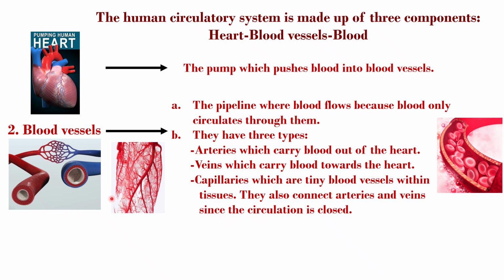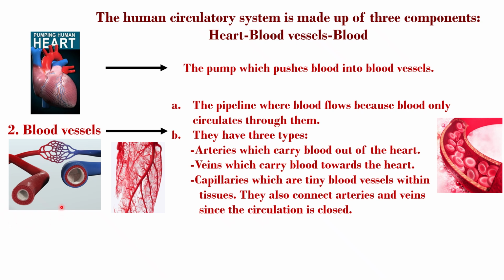They have three types: arteries, which carry the blood out of the heart; veins, which carry the blood towards the heart; and capillaries. Capillaries are tiny blood vessels within tissues. They also connect the arteries with the veins. That's why the circulation is closed.